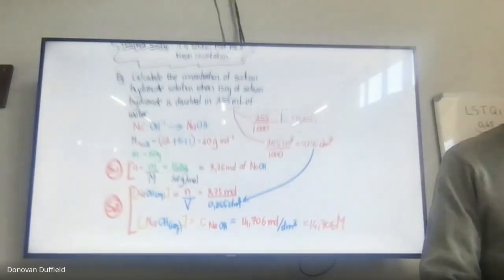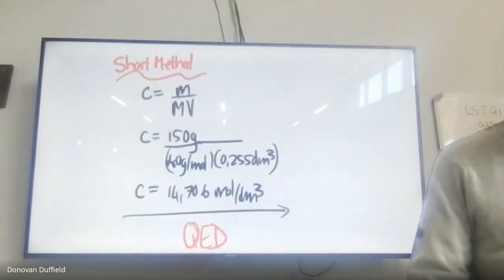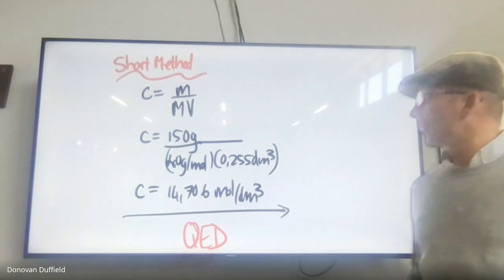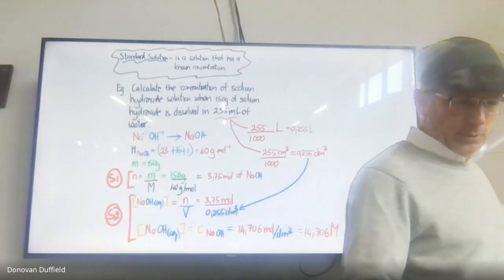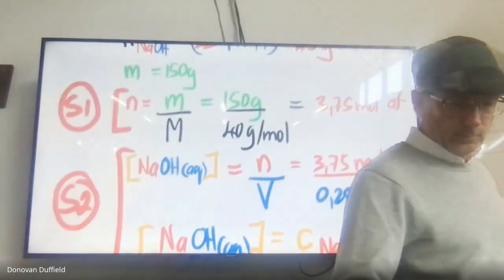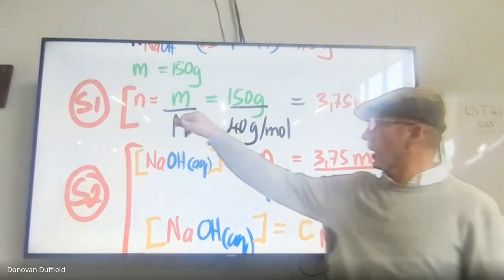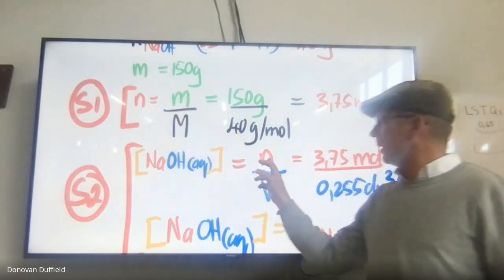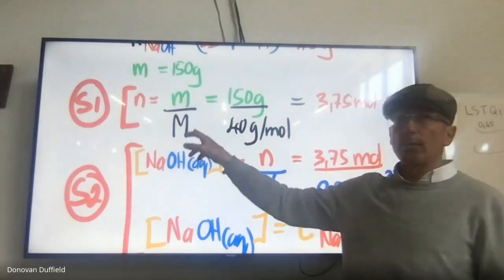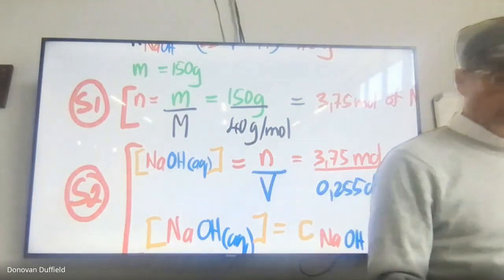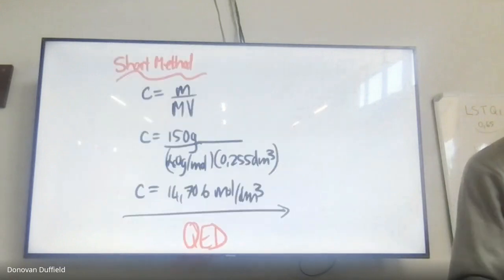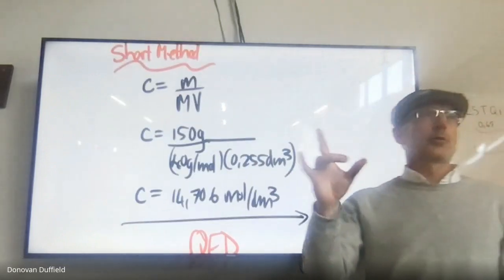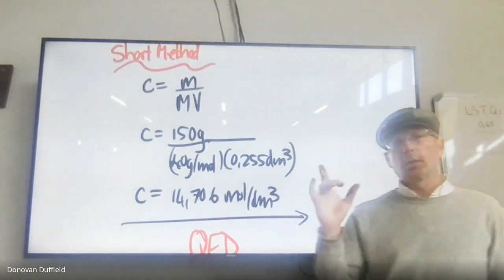So we did that first. Then I showed you a short method where you take these two equations and substitute for n with the mass of sample over molar mass. What you get is that formula, which you do get on your formula sheet.